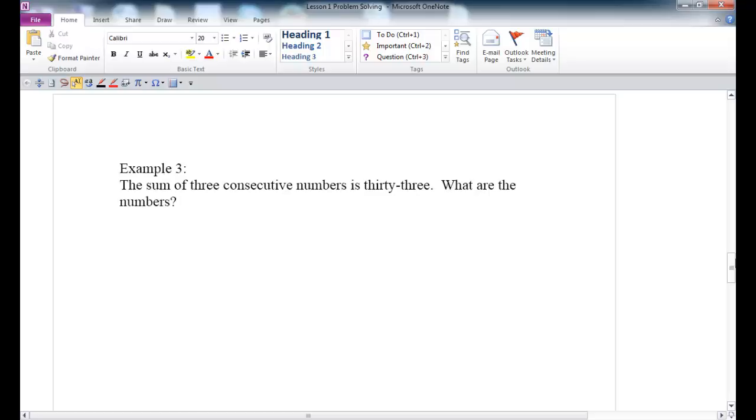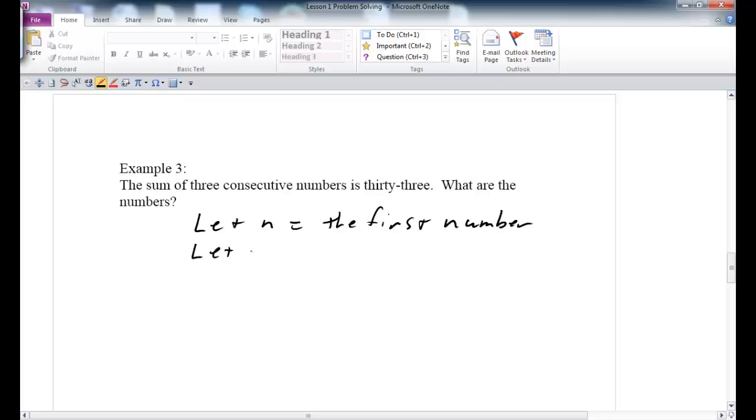Here's what I do to set up consecutive numbers. I'm going to say let n equal the first number. Well, a consecutive number is just one more than the previous number. So let's say let n plus 1 equal the second number.